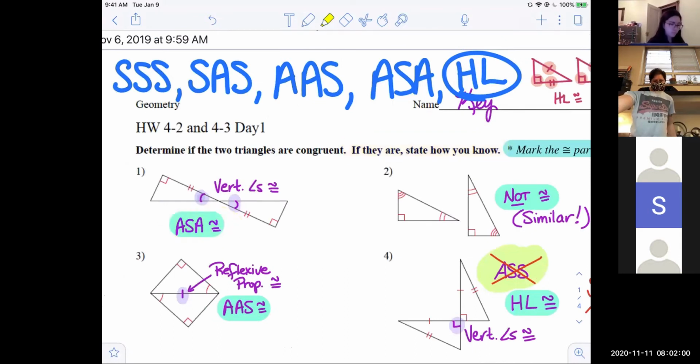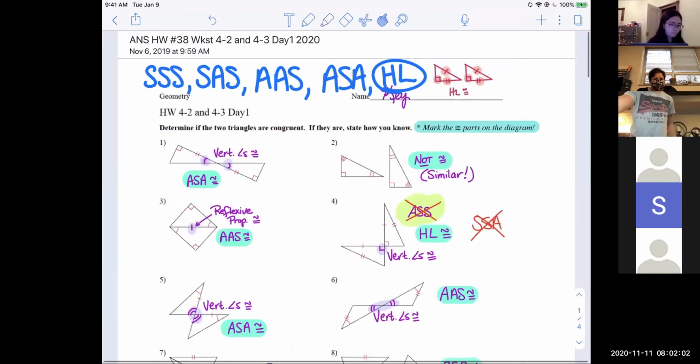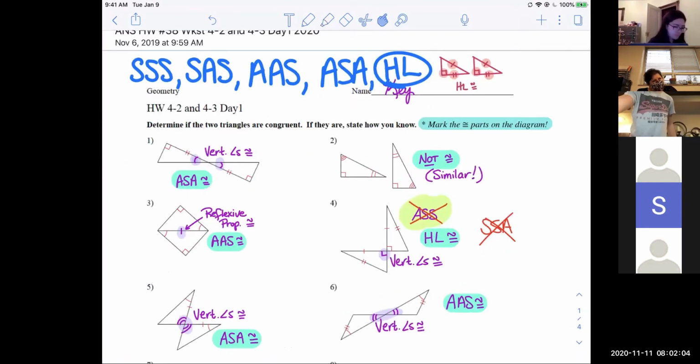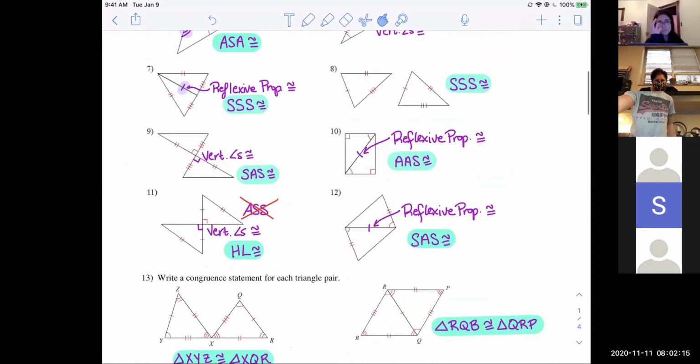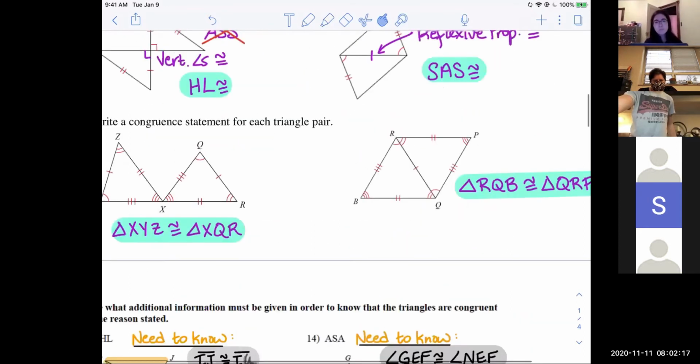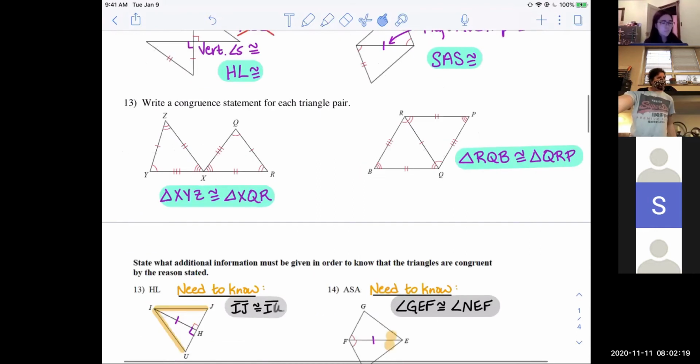So at the beginning, I'm always going to be doing that just because I want you to make sure that you're marking things, and that you're able to justify why you're marking things. You're not just randomly marking things. Okay, and as we go along, I'll stop doing that as much, but we will do proofs also where you'll have to explain how you know that things are congruent.